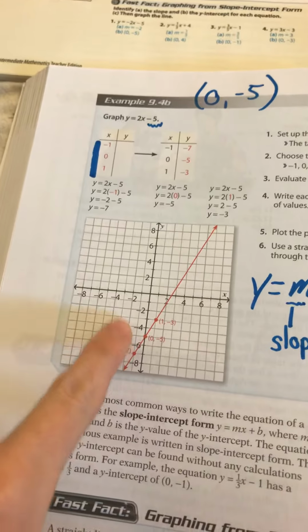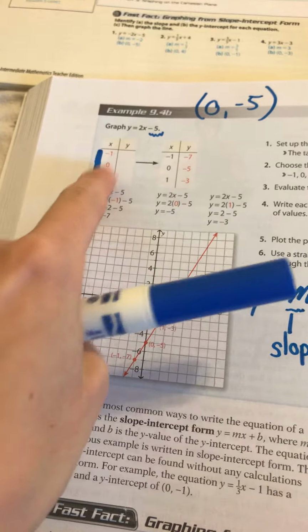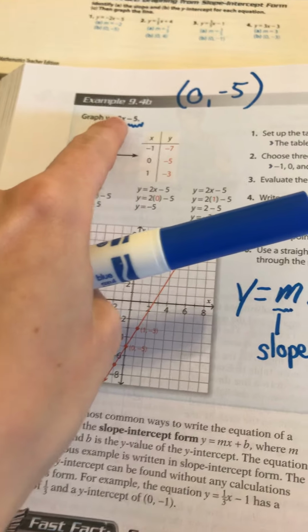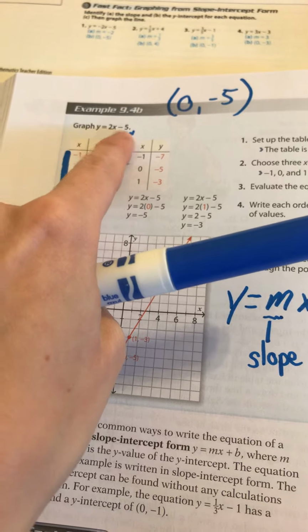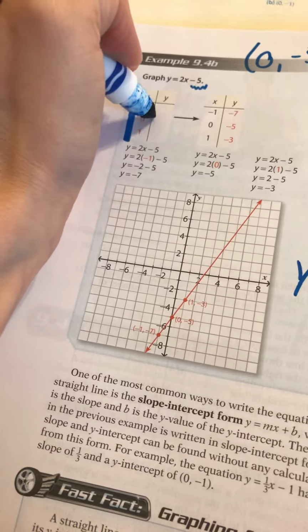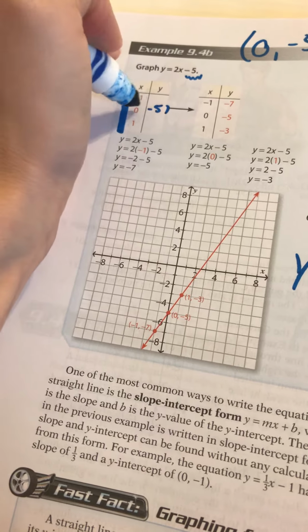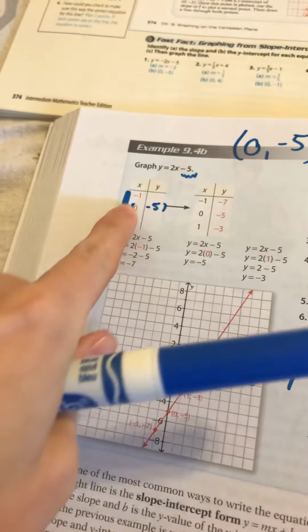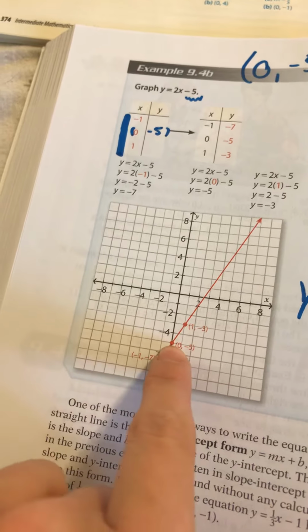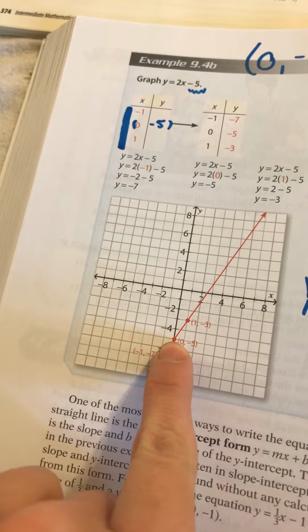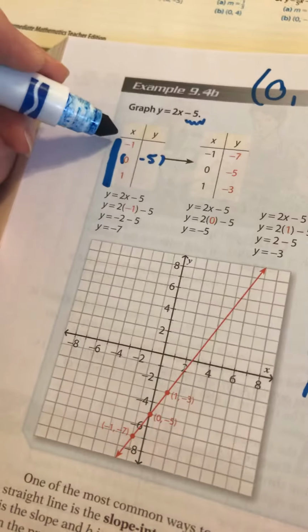And let's check it. So when I plug in 0 for x, so 2 times 0 equals 0. 0 take away 5 equals -5. Oh, it works. That's my y-intercept. And when I plot it, or when they plotted it on the line, it's (0, -5). Okay, then -1.